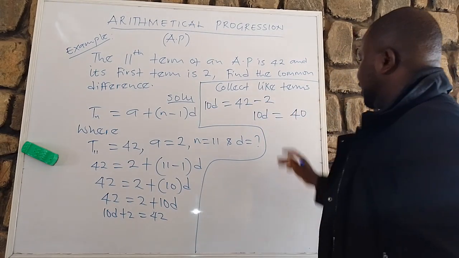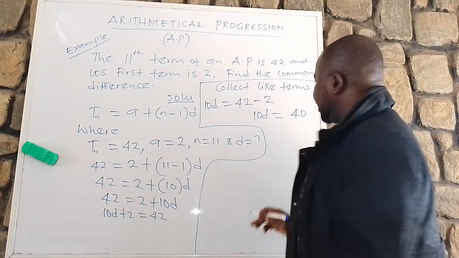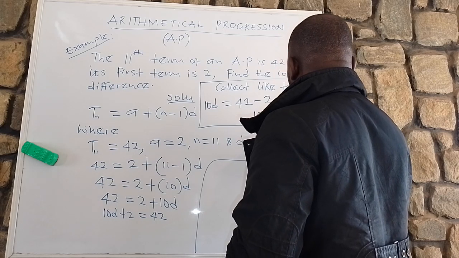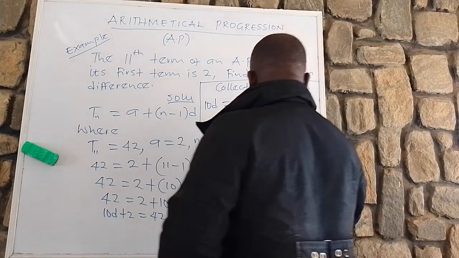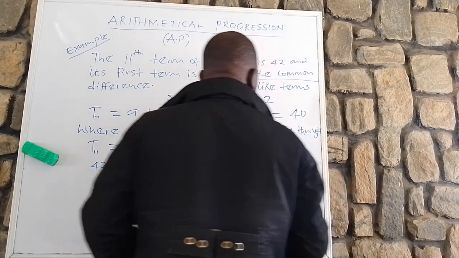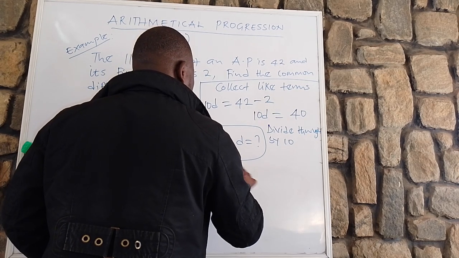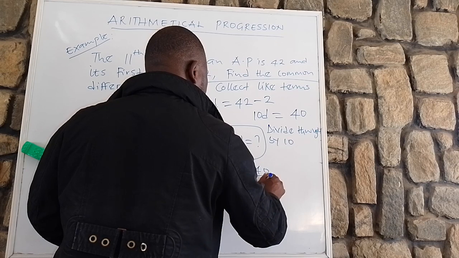Therefore, our 10d is now equal to 42 minus 2, which gives us 40. At this point, for us to obtain our common difference d, we divide through by 10. So 10d all over 10 equals 40 all over 10.